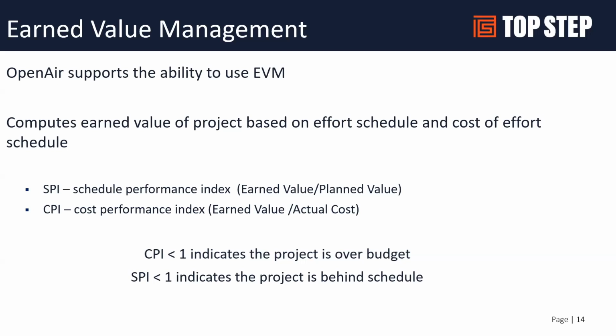And obviously, over 1 means you have not spent as much money to deliver the project, or you are ahead of schedule, delivering where you thought you'd be at this point in time. So that's really where those two KPIs are valuable, quickly being able to see, am I under 1, am I over 1, how close am I to 1, and do I need to make adjustments to my project plan?